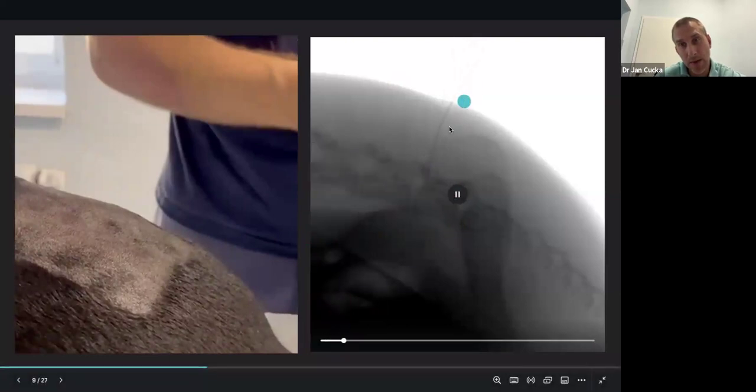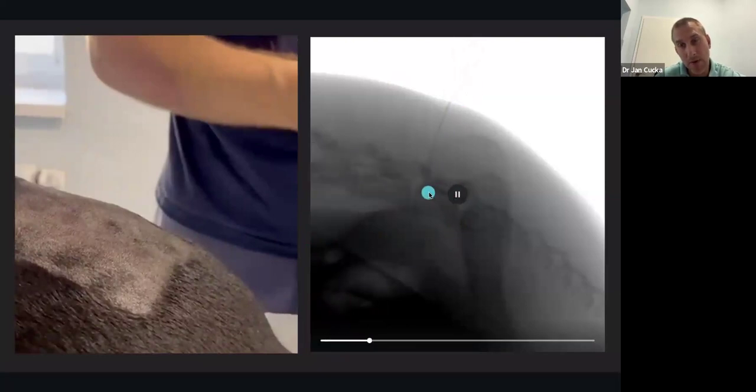So there is a needle on the bottom of the channel, and I'm applying the contrast medium, and you can see how the contrast is going through the channel. So this is one part of application.